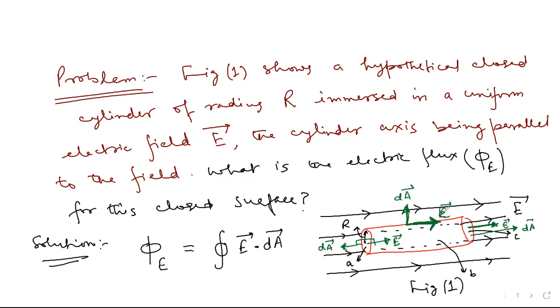The angle between the electric field and the area vector for the curved walls, as you can see, this is theta here, is 90 degrees. Here theta is 0 degrees. For this cap, theta is 180 degrees, right? Here 180 degrees, here theta is 90 degrees, here theta is 0 degrees.